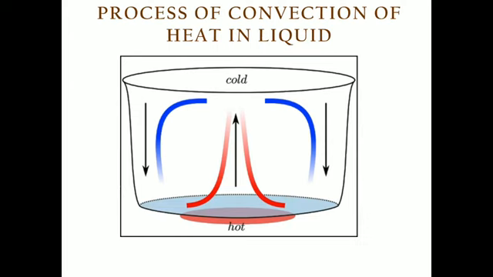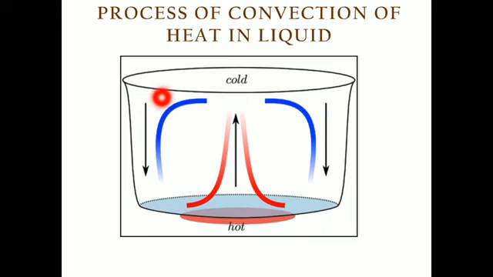So let us observe this activity in this particular diagram. Here you can see, as the water is heated, it becomes light and it is going up. When it is going up, it is giving heat to the other molecules. When it comes to the surface, this water, which was earlier hot, is going to cool now, because it is going to lose heat.